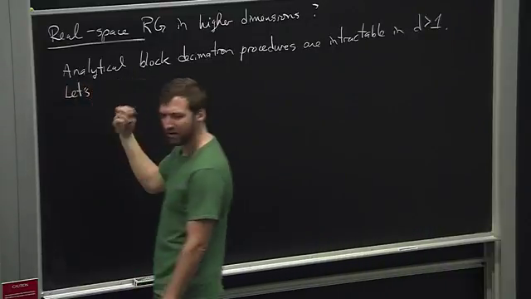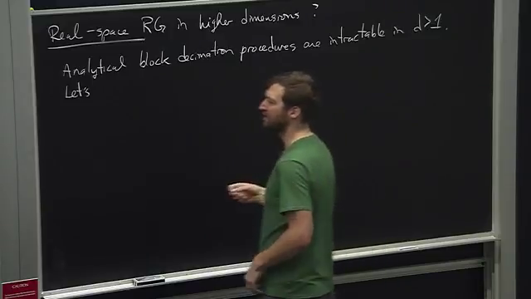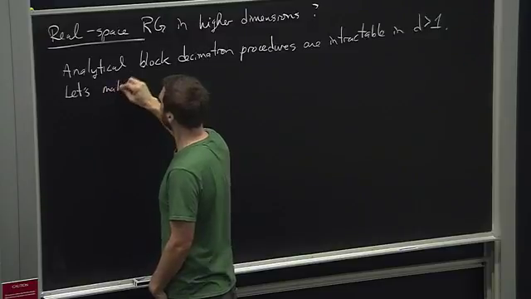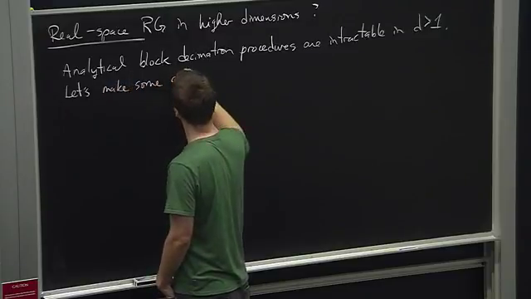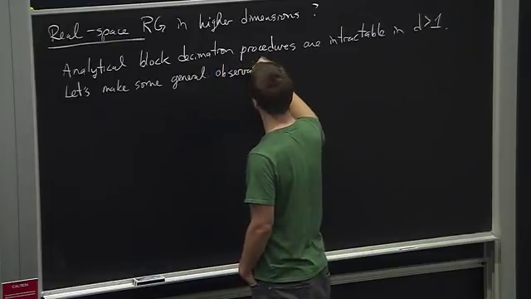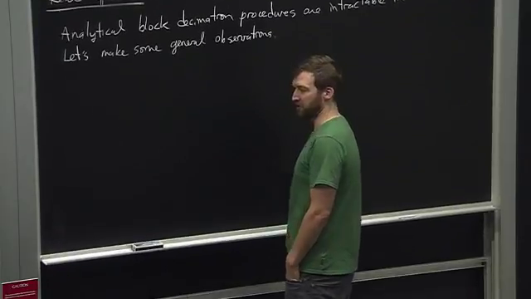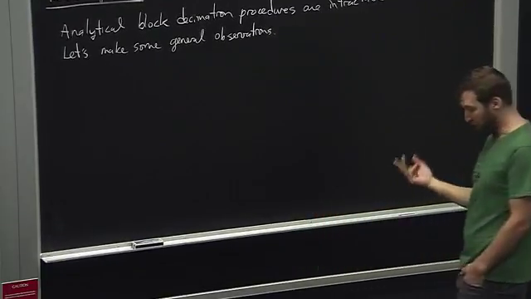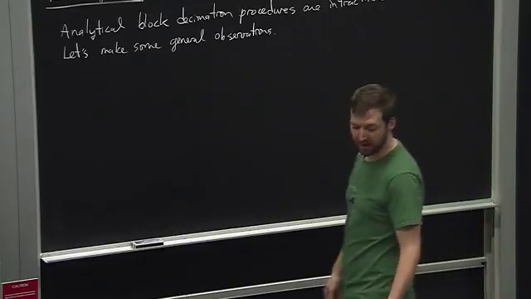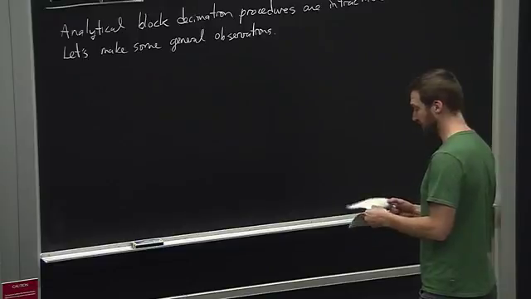So let's not do a full RG like we did for this, but let's just make some general observations. We'll do an analytical RG procedure in general dimensions and momentum space, which is more powerful analytically than these real space pictures.